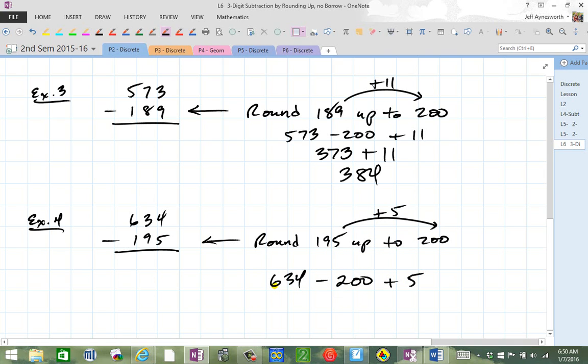So here we go from left to right. 600 minus 200 is 400, but we have that 34 sitting around, so 434, and then add 5, that's easy. Excuse me, I was supposed to write 34. So 434, add 5, you get 439. That right there is a whole lot easier to do in your head compared to borrowing and carrying those numbers up there. Okay, so give that a shot.